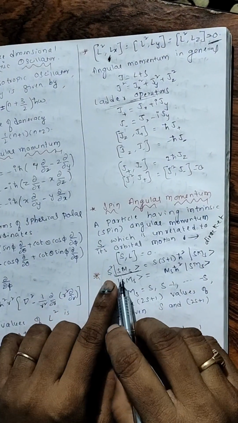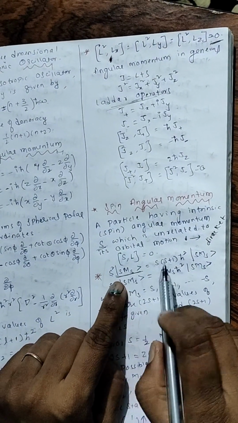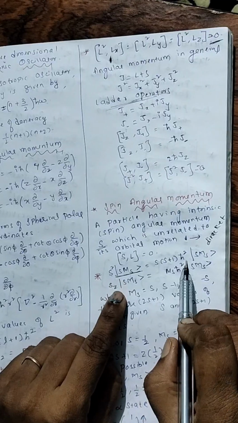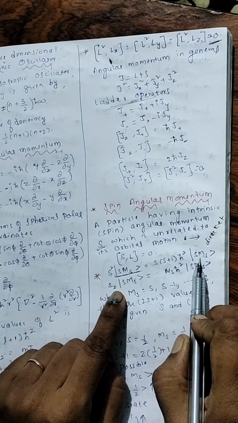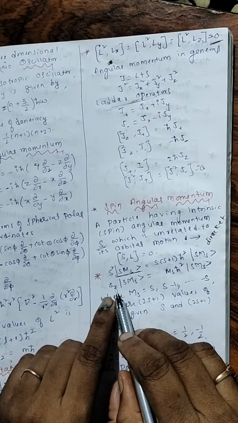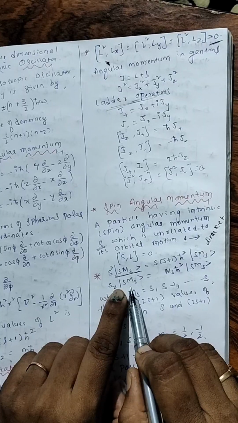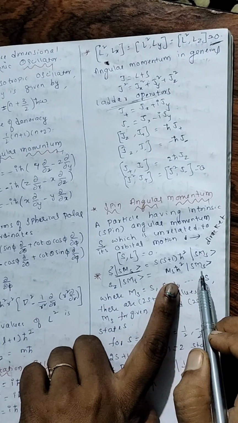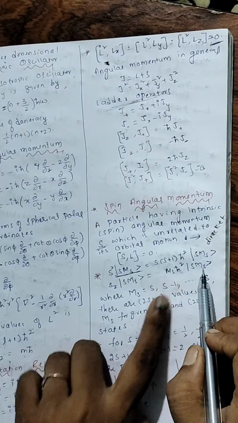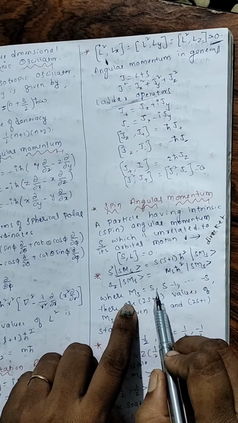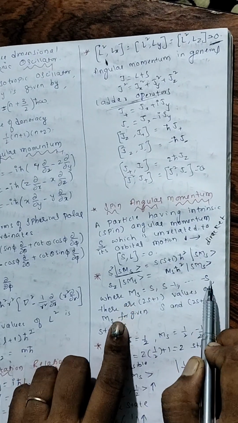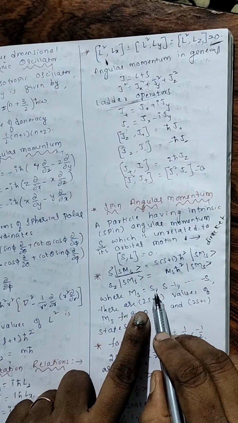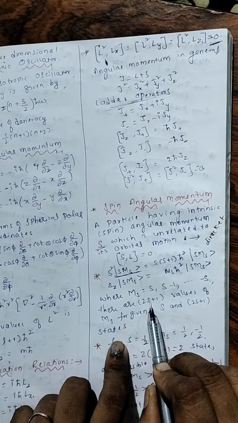So S square on Dirac-Ket S, Ms we write as S(S plus 1) h cut square Dirac-Ket S, Ms. Sz Dirac-Ket S, Ms is equal to Ms h cut Dirac-Ket of S, Ms. Ms means S, S minus 1, and so on up to minus S, and the number of values of Ms will be 2S plus 1.